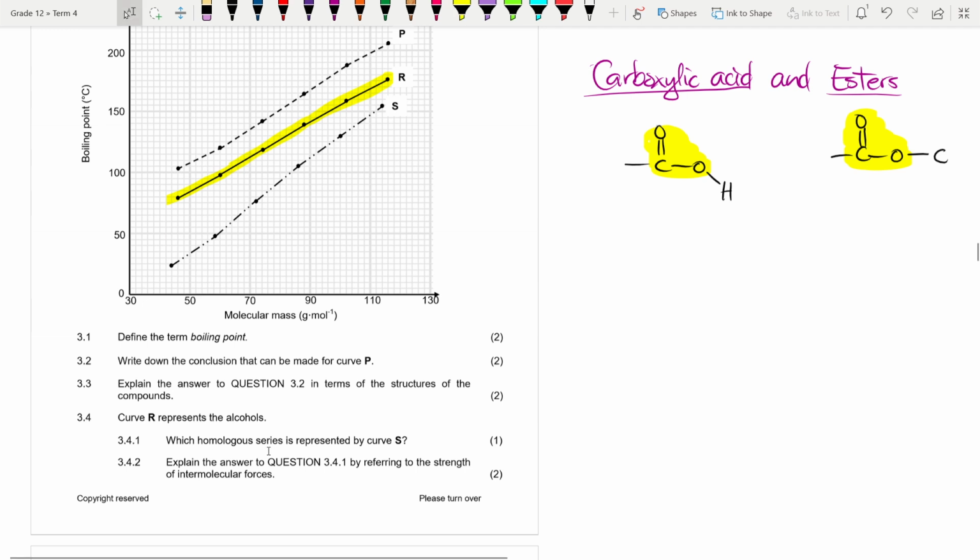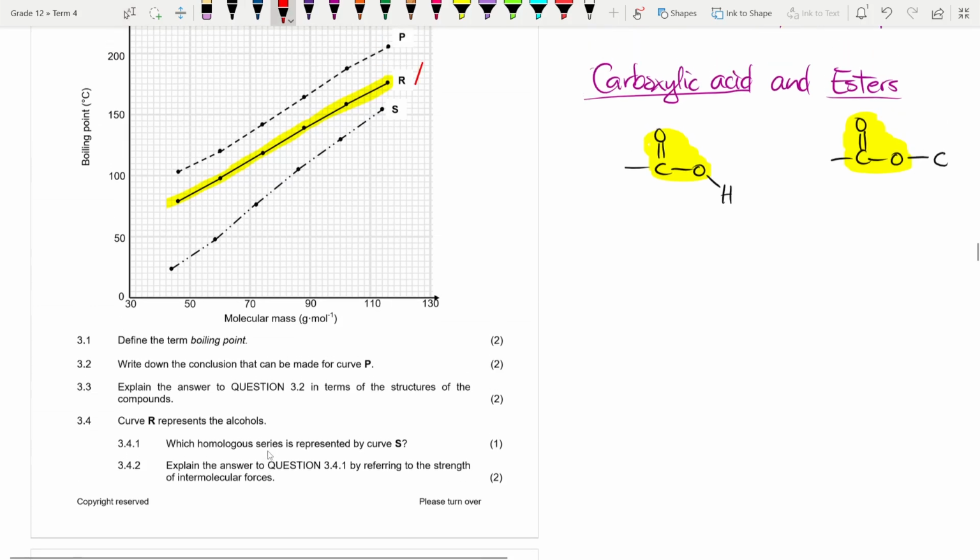Then they say which homologous series is represented by curve S. So you see now what they do is they intentionally specify that the one in the middle is an alcohol. Then you should identify which homologous series P and S belong to. In other words, a molecule that has a certain molecular mass, compared to another molecule that has the same molecular mass, but these two have different boiling points.